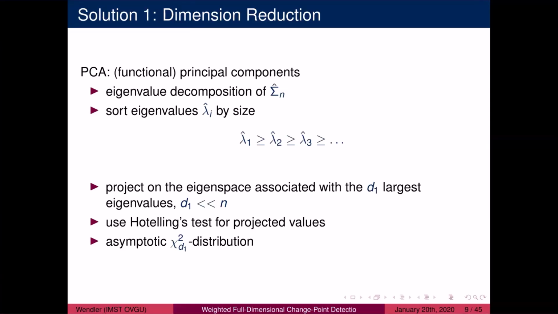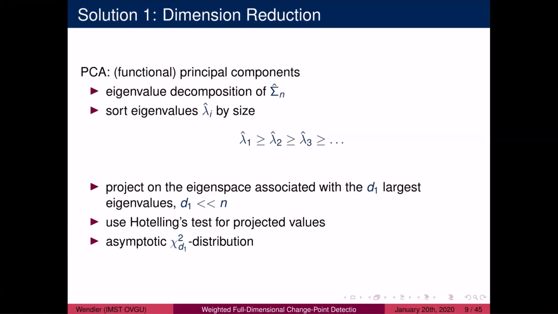Okay, what can you do? One very popular solution is some form of dimension reduction. You project your data onto a finite-dimensional subspace, and then you have a multivariate problem again, and you can do Hotelling's T-square test. You can do this with any finite-dimensional subspace and any basis of your choice, but it's not clear if this basis will capture the main features of your data.